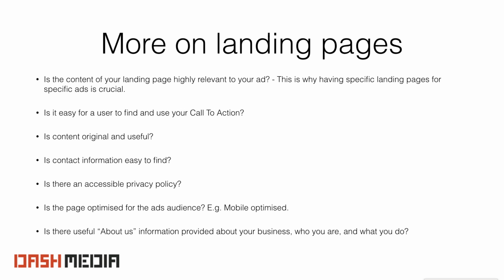You're much better off sending them to a page that is specifically for somebody coming from your Google advert. So it would be specifically focused on the product that your Google ad was advertising.